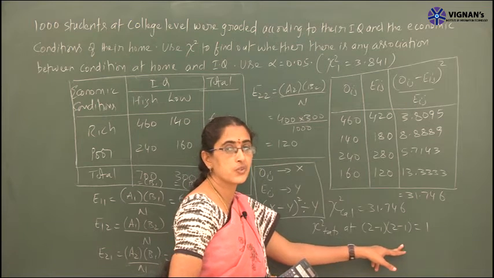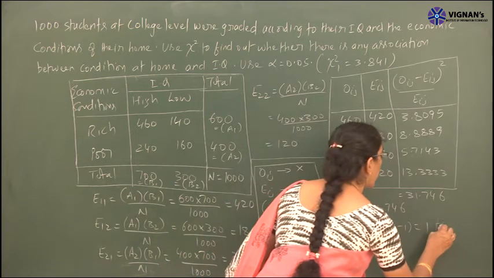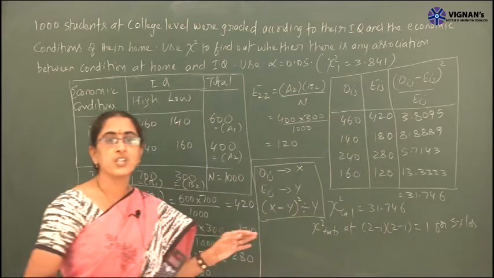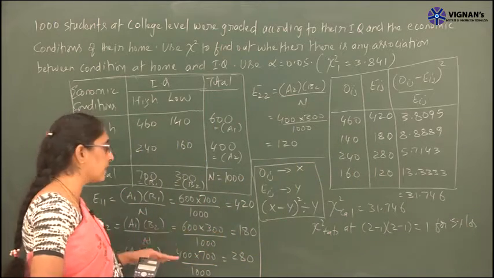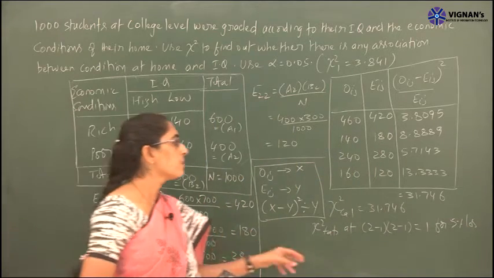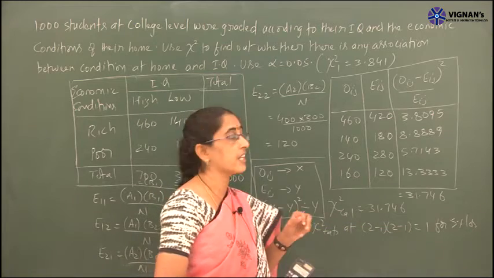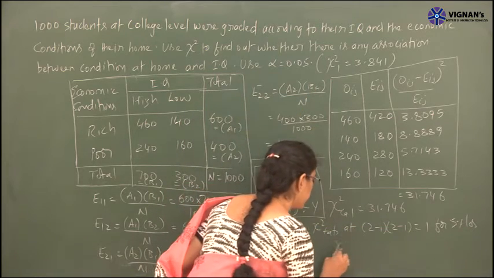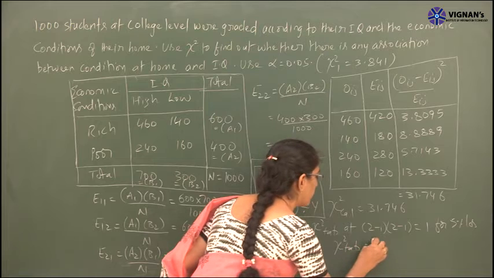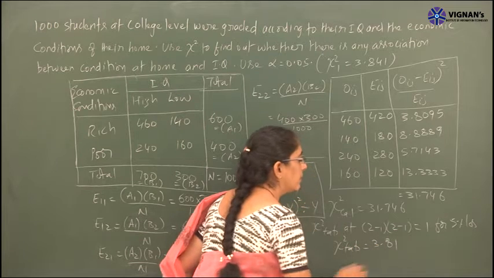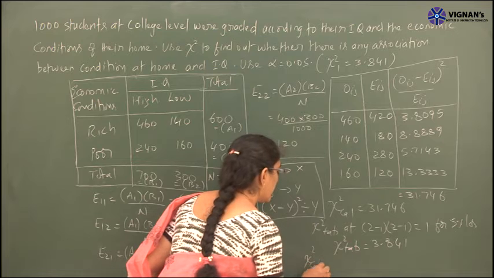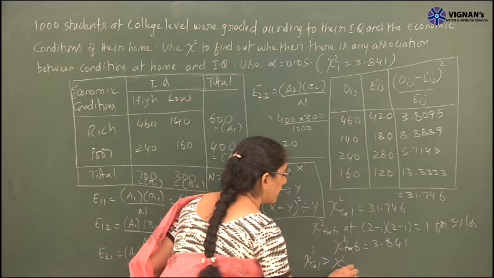That is r minus 1 into s minus 1, for 5% level of significance. Here there is no need to mention the alternative because the alternative is always two-tailed only. For 5% level of significance, the tabulated value is 3.841. So chi-square calculated is greater than chi-square tabulated.